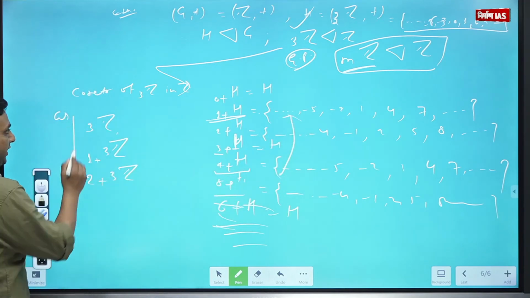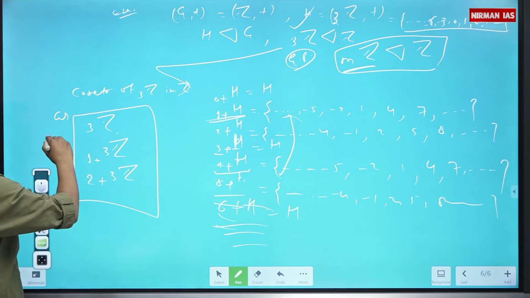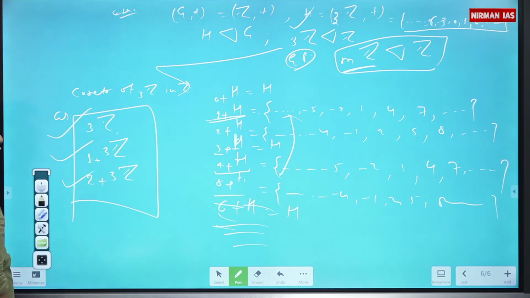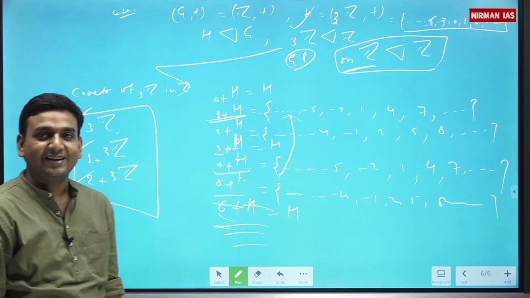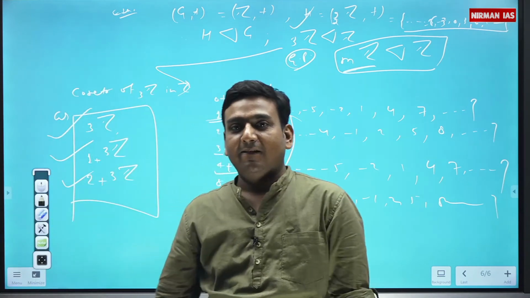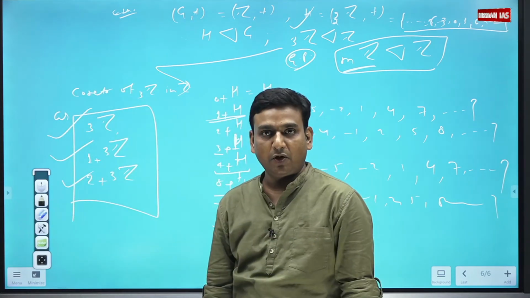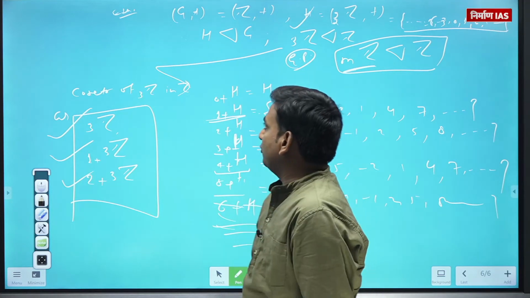So 3Z in Z has only 3 distinct cosets. Is that clear? Fine. Any problem?